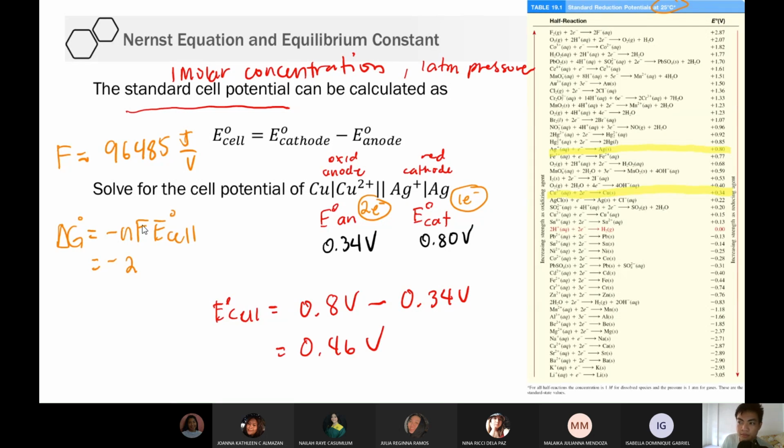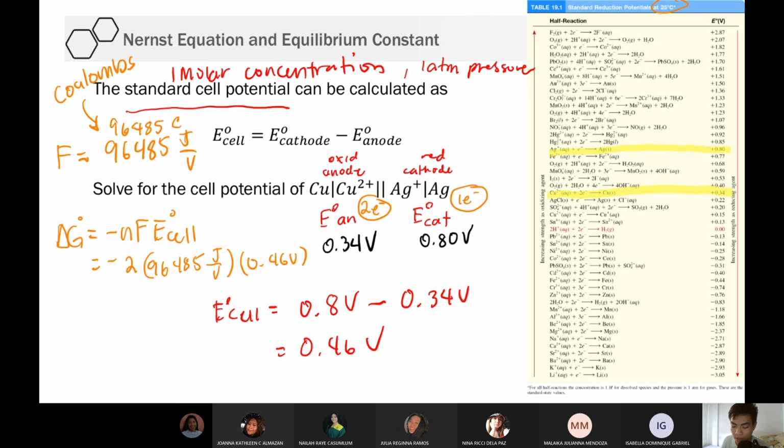Okay? So that's the Faraday's constant, letter F, 96485 joule per volt or coulombs. Spelling ng coulombs is ganito. Yung letter C ay coulomb. So yan, plug in mo 96485 joule per volt.